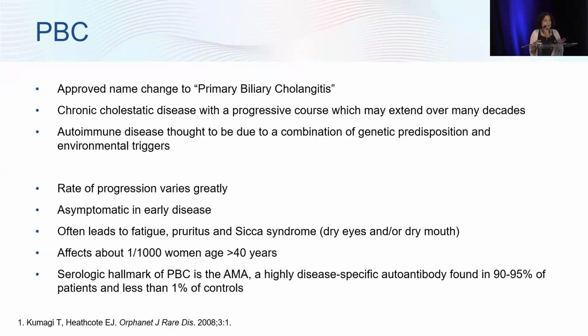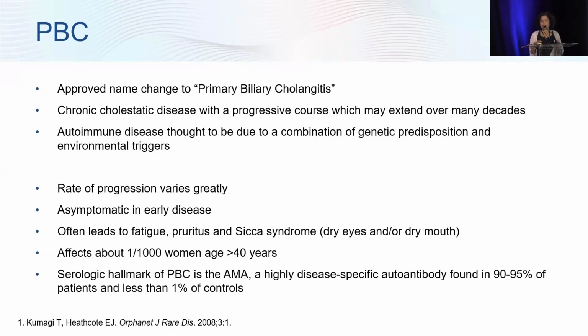It can be anywhere between a very mild asymptomatic early disease, or it can have significantly aggressive disease with a lot of symptoms, specifically fatigue and pruritus. And pruritus can be very debilitating in some patients. Dry mouth, dry eyes, sometimes patients can have that. So the progression can vary.